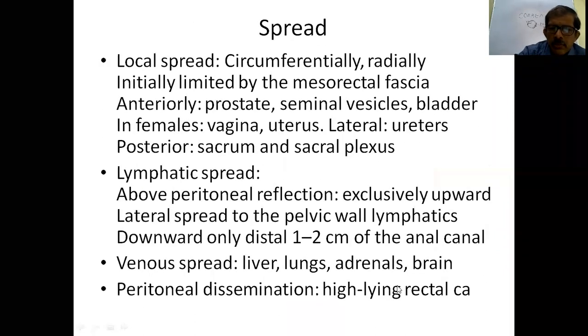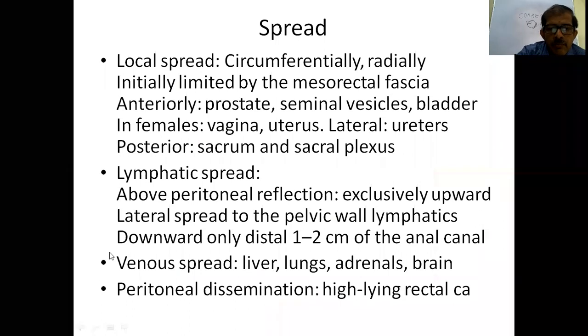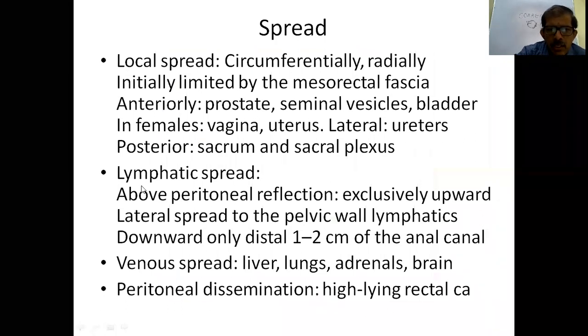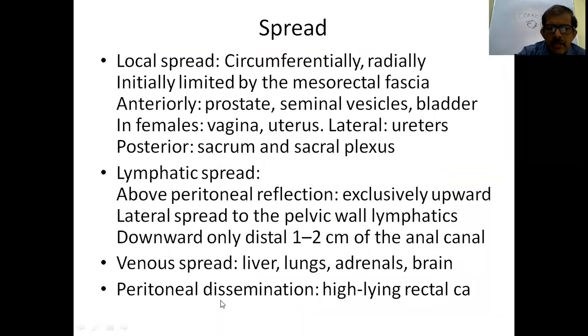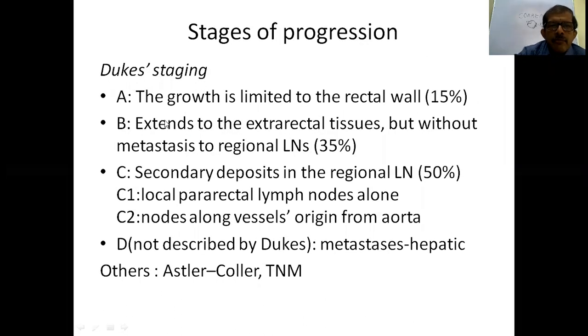High-lying carcinomas, that is upper one-third, are very much prone to peritoneal dissemination. So these are the 4 modes to think of: local, lymphatic, bloodstream, that is venous, and peritoneal.